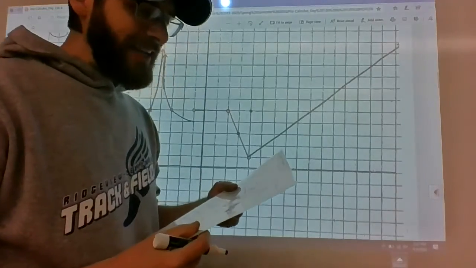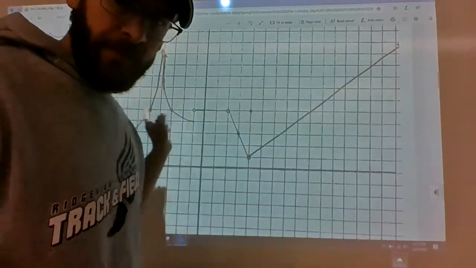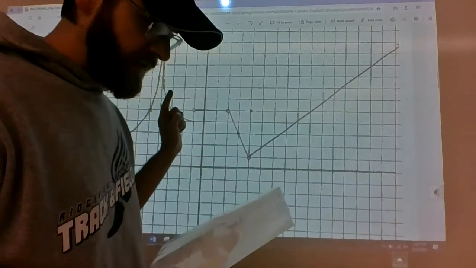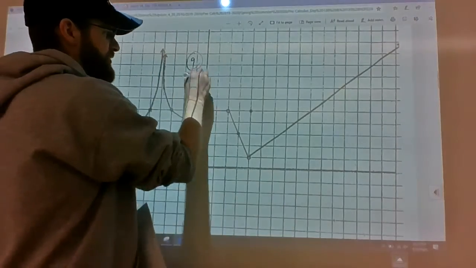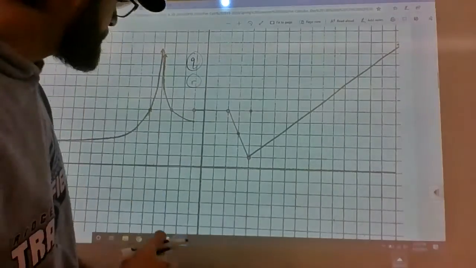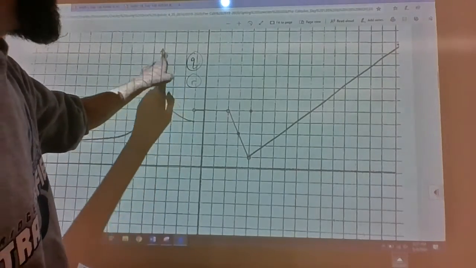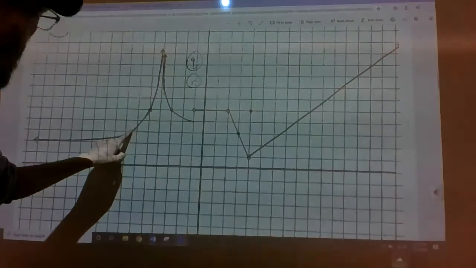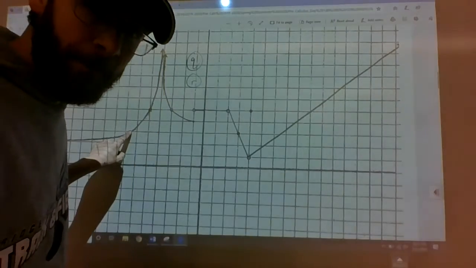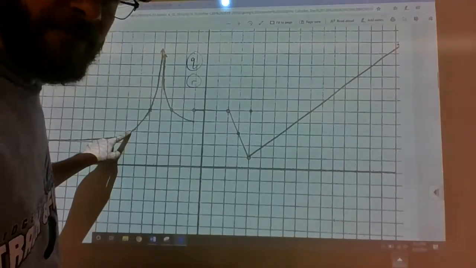All right, Q and R are talking about endpoint behavior. X approaches negative infinity for Q. X approaches positive infinity for R. So, approaching negative infinity, you just follow the curve and see what y value it appears to be approaching as you go forever in that direction.